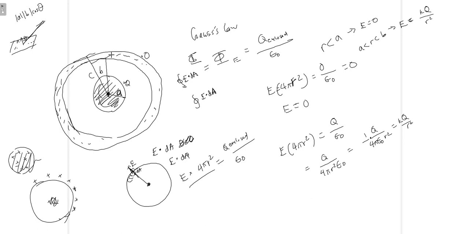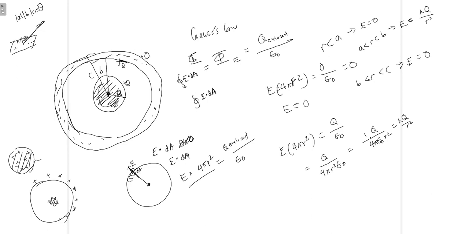So that means the charge enclosed must be equal to 0 if our sphere is within the shell, for R greater than B but less than C. In order to make that 0, the inner surface of the shell will have to be negative Q to cancel the Q, so that the charge enclosed nets to 0.